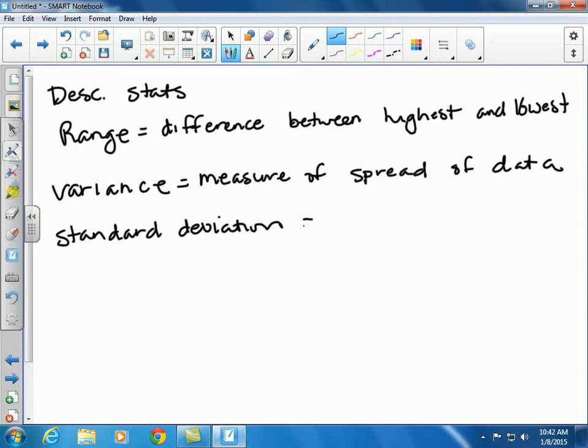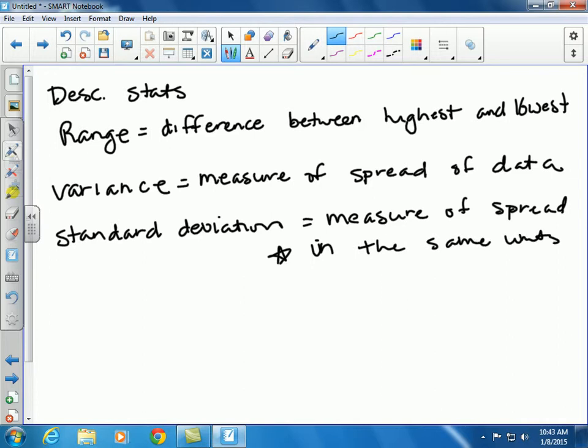The standard deviation, that also is a measure of the spread, but this is what's key. It's in the same units as the data.